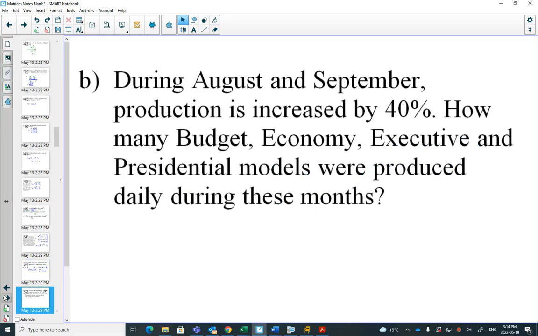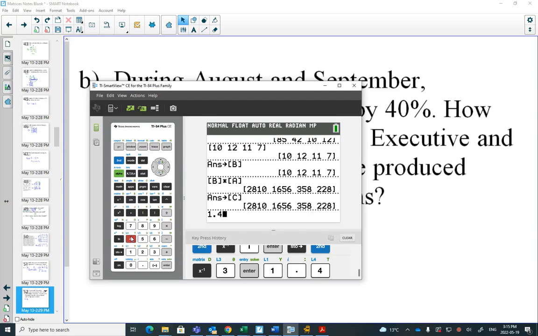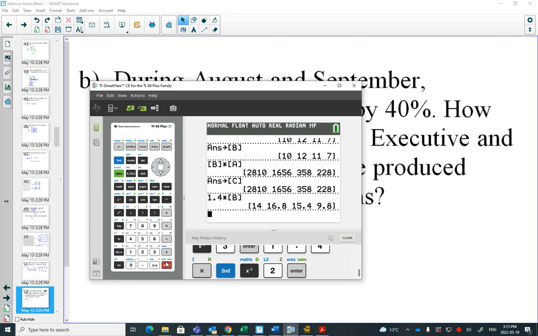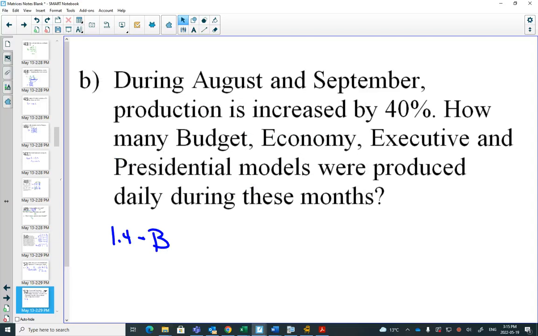During August, production increased by 40%. How do we increase something by 40%? We would take matrix B and multiply it by 1.4. 1.4, that would be 40% more, times matrix B. 14, 16.8, 15.4, 9.8.